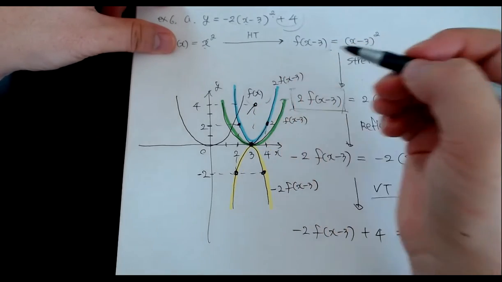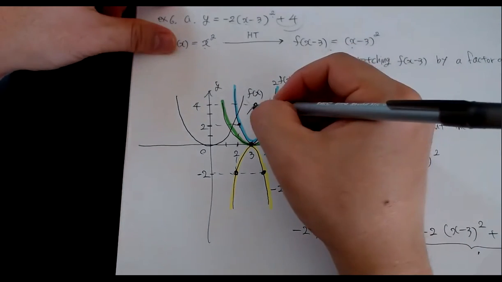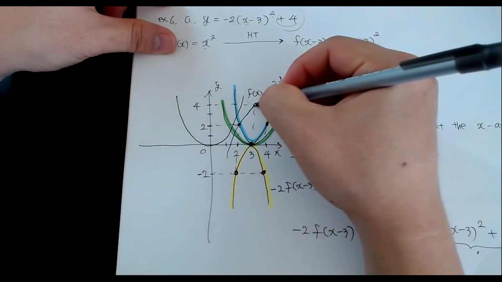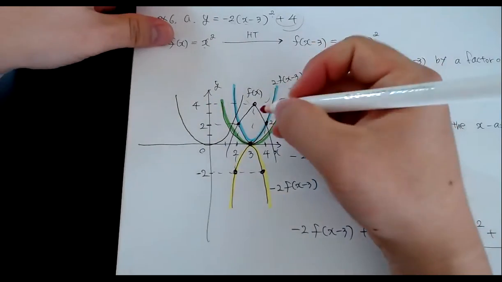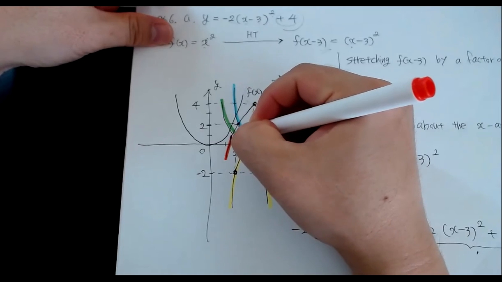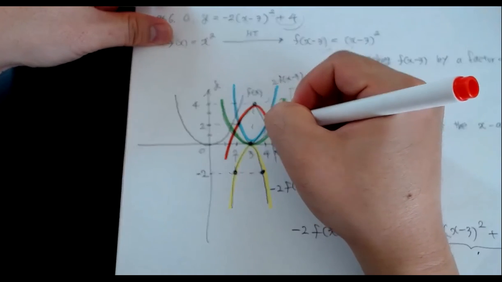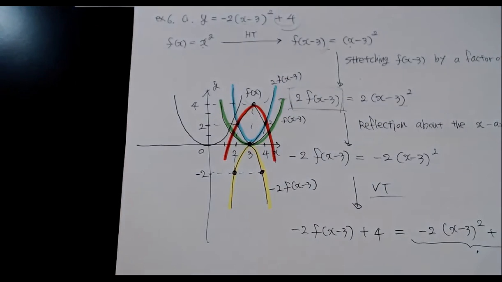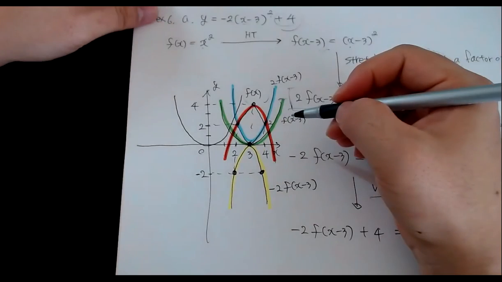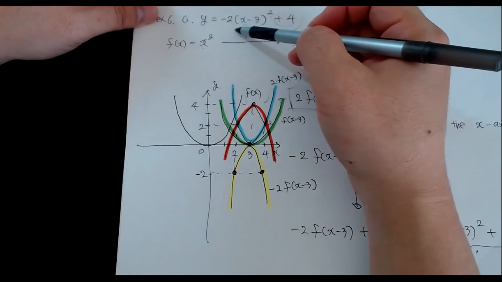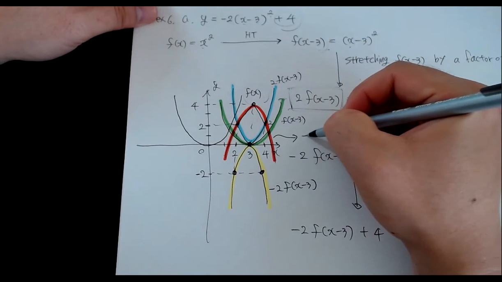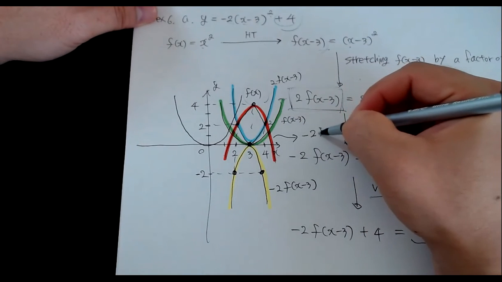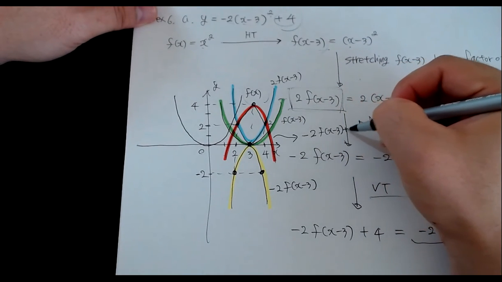So it must be like this. Okay, so that's going to be the graph of negative 2 times x minus 3 squared plus 4. So that's negative 2 times f of x minus 3 plus 4.